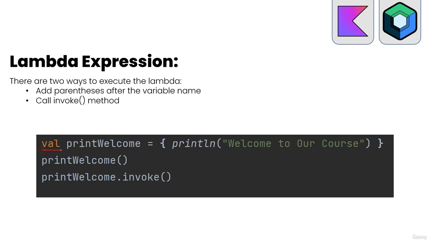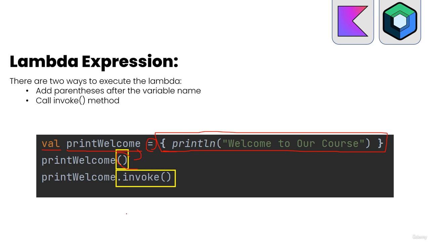Here we have created a variable called printWelcome, and this is the equal sign, and here is the lambda expression that will print for us a welcome to our course message. In order to call this function, this value, you can see it's a variable, we add these parentheses, or we can call printWelcome without the parentheses and call the invoke method.